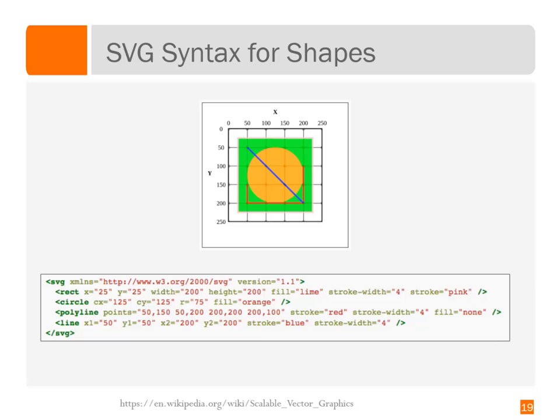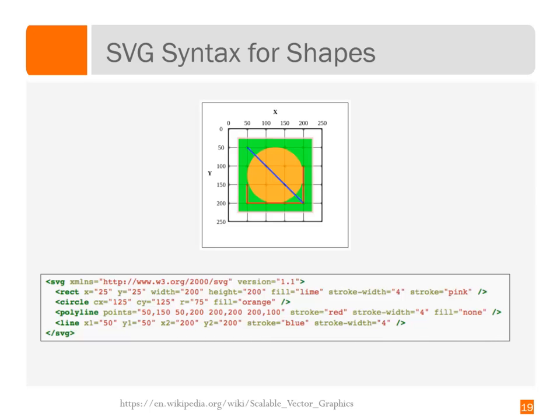Then the end of that first segment is going to be at 50, 200. So I read over at 50, and then I read down to 200, and you'll see that now draws the first little segment of the red line, that first little vertical segment. Then my next coordinate is at 200, 200.